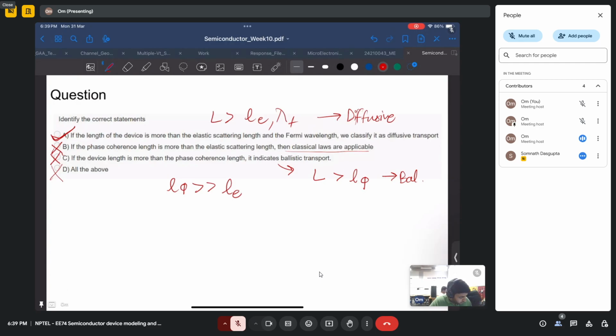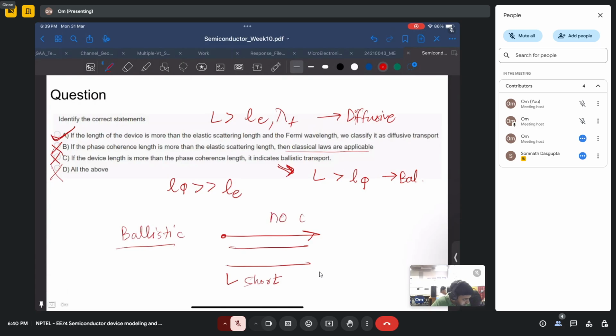So ballistic transport is another transport regime. Let me briefly tell you what ballistic transport is. Ballistic transport means your channel length is so short that an electron travels through the channel without suffering any collision or scattering.